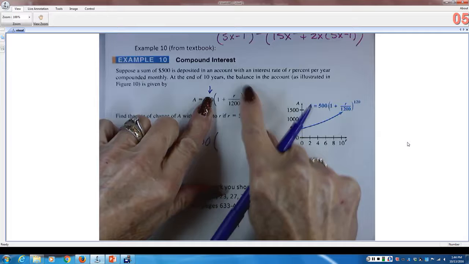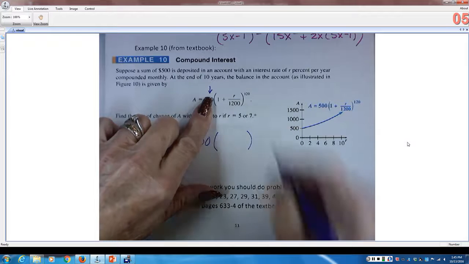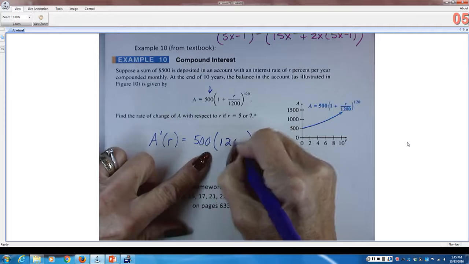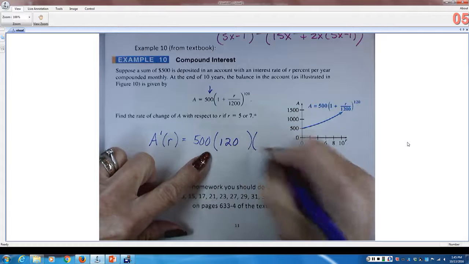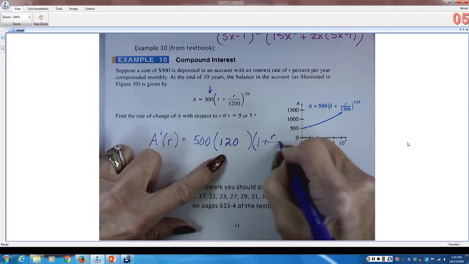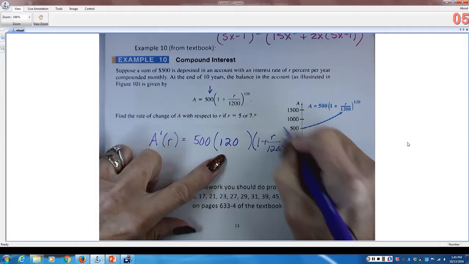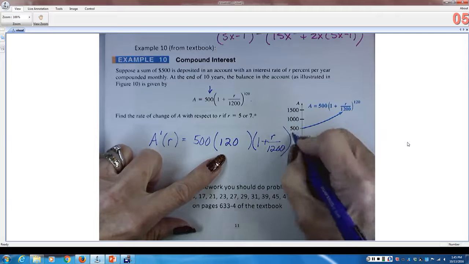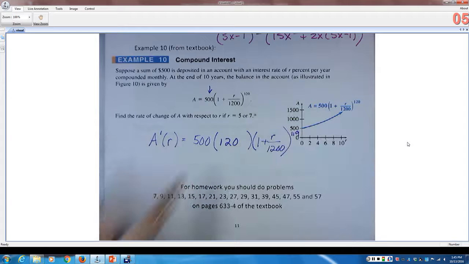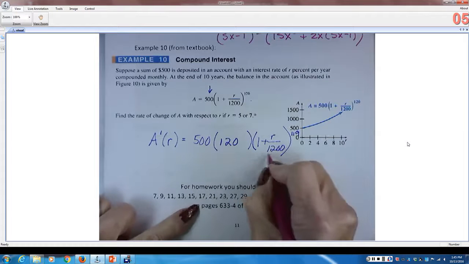So the outside function is the 120 times what's in the parentheses, and then reduce the power by 1, which makes it 119. And then we have to take the derivative of what's inside the parentheses.